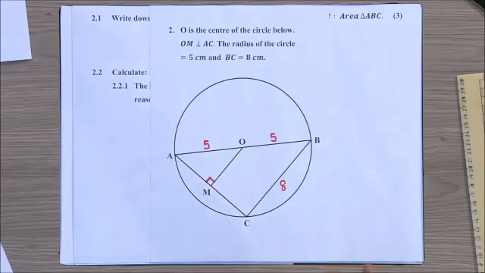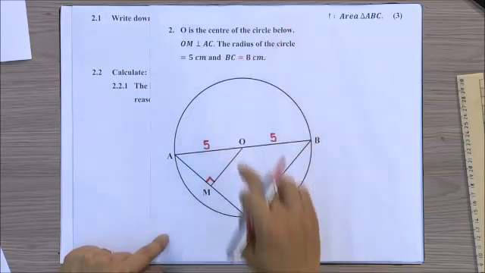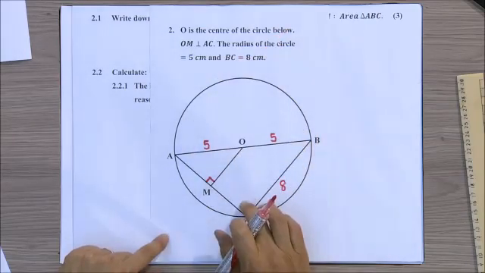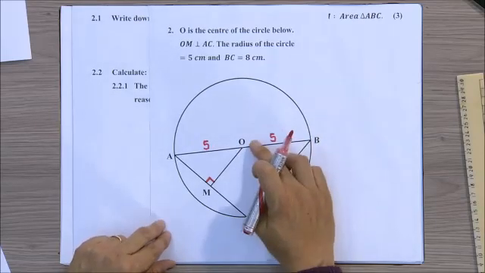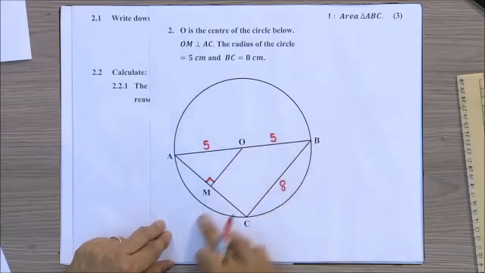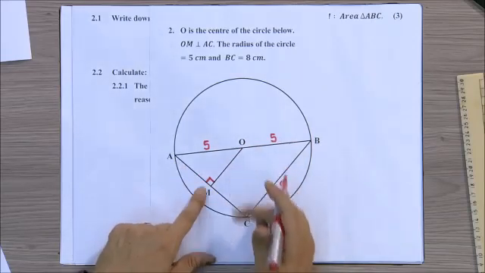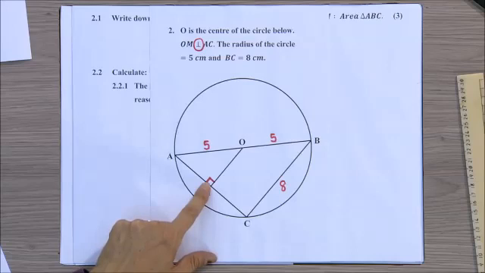So it is advisable, remember that, to write your information over here. Right? So, once again, what's given? OM is perpendicular to AC, and the word perpendicular says 90 degrees.